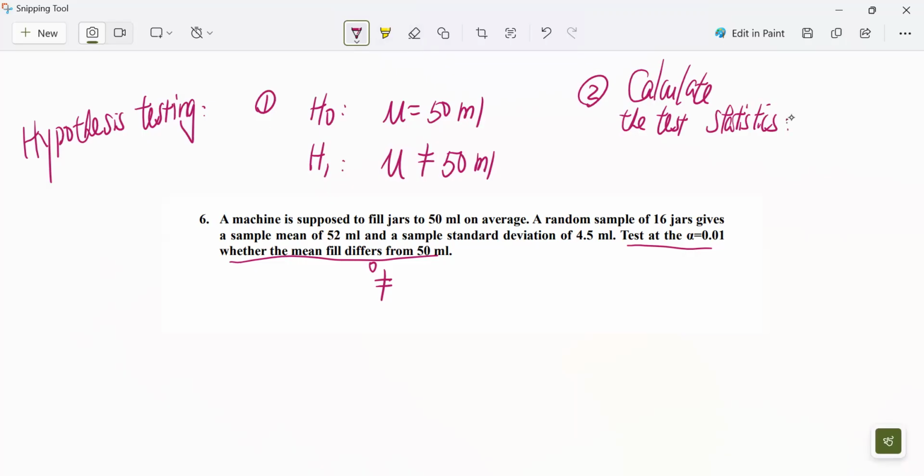So on average, that's a random sample of 16, so n equals 16, and the sample mean is 52 milliliter, sample standard deviation is 4.5, so s is 4.5. Since sigma is unknown, we are using the t-distribution, the t-test.